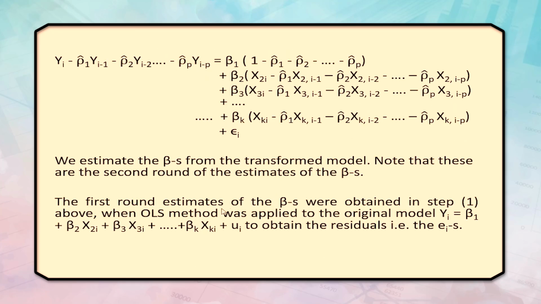Now, when we get the second round estimates of the e_i's, we go to step 1 and we get the second round estimates, as you can see. Once we get the second round, then from the second round we again regress e_i on e_i minus 1, e_i minus 2, right up to e_i minus p, to get the second round estimates of the rhos.